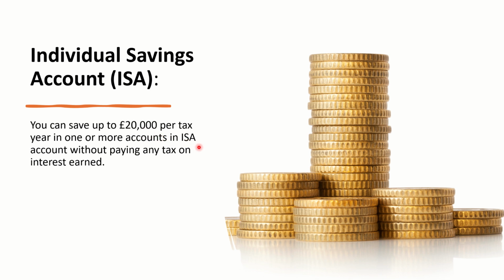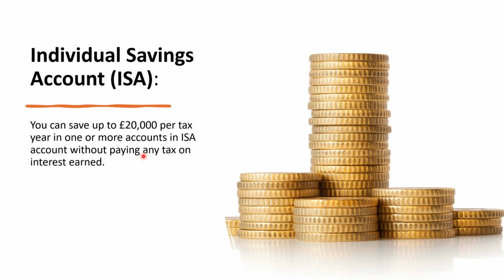Maybe there are, of course, millionaires for whom this might be a peanut, but for me and for normal people, this is quite a lot. So you can save up to 20,000 per tax year in one or more ISA accounts without paying any taxes on the interest earned. This is the main benefit of an ISA account.